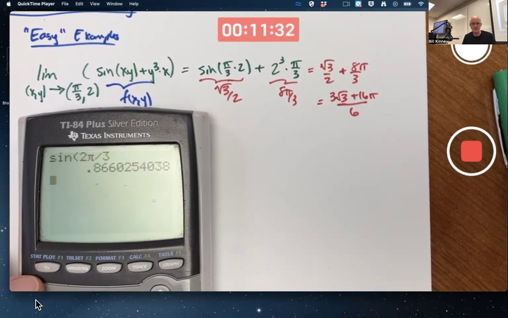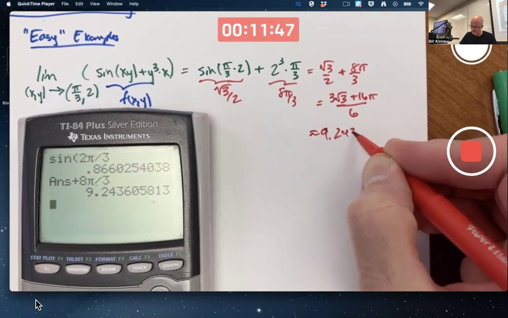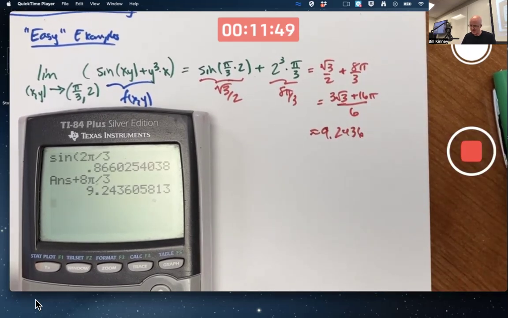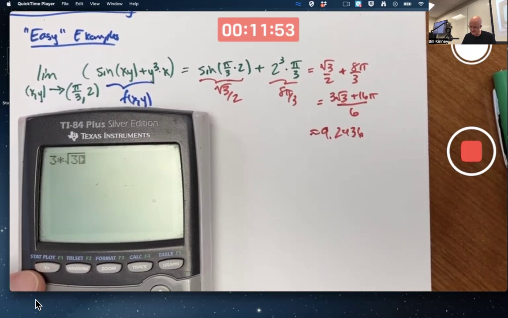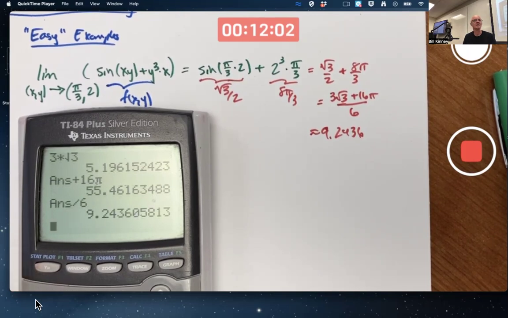Yep, that looks like square root of 3 over 2. Plus 8 pi divided by 3. Oops, not times. Plus 8 pi divided by 3. Looks like the limiting value is close to 9.2436. If you wanted to double check that I simplified it correctly, I could do 3 times square root of 3 plus 16 pi, all divided by 6. Looks good. Okay.